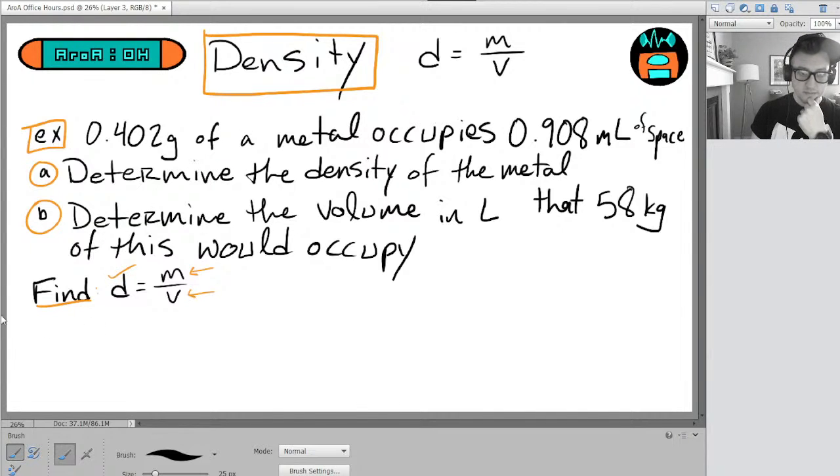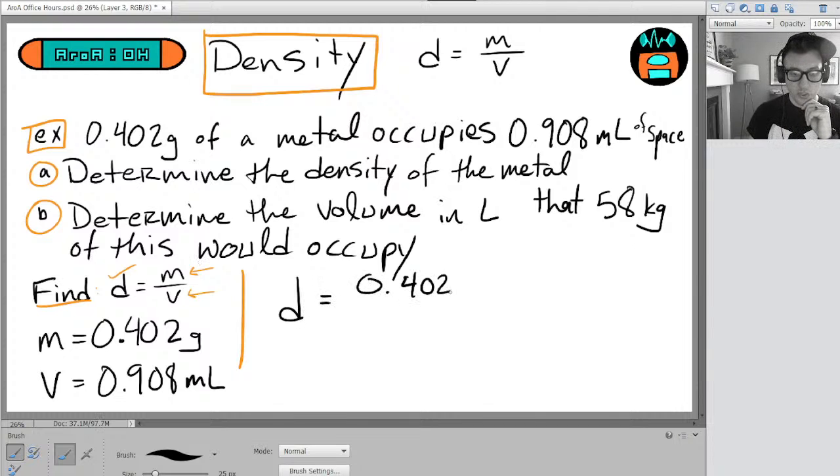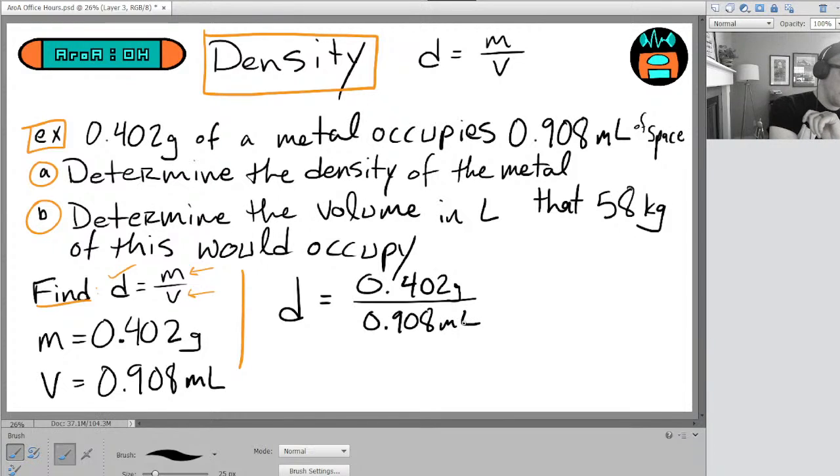And wouldn't you know it, we're given the mass of the metal is 0.402 grams, and the volume that this sample occupies is 0.908 milliliters. So we have our mass, we have our volume, we can find our density. Density is equal to 0.402 grams over 0.908 milliliters.